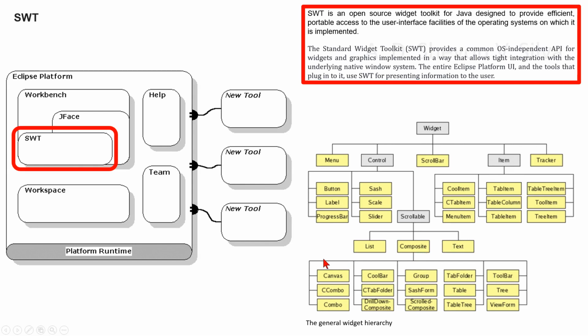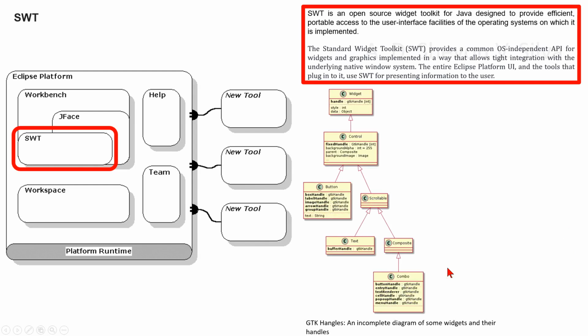Composite interacts with canvas, CCombo, cool bar, CTabFolder, drill down composite, group, SashForm, scrolled composite, tab folder, table, table tree, toolbar, tree, and view form. Here item interacts with cool item, CTabItem, menu item, tab item, table column, table item, table tree item, tool item, and tree item.